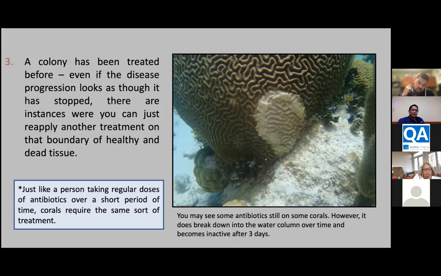And also not mentioned in here, when you're looking at an infected coral, if you've got a large coral, say a meter long, 50% may be dead, but that 50% that's alive is still a lot bigger than a lot of the other corals in that area. So what I would do is probably focus my treatment on that larger coral.